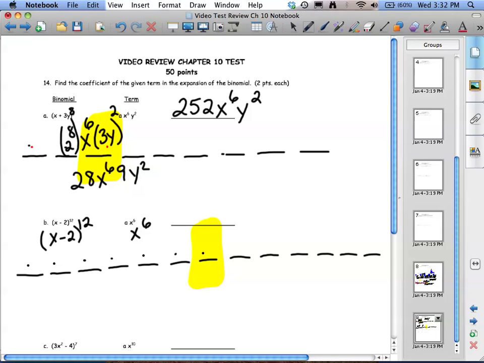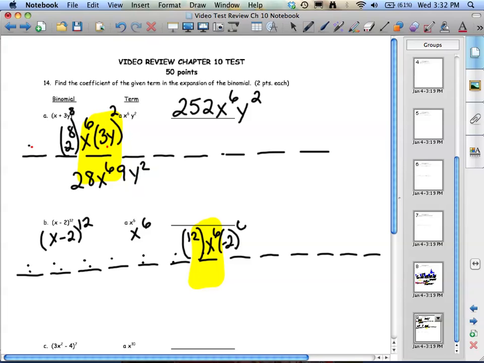So I know I'm going to have 12 choose some number, x raised to the 6th, negative 2 raised to some number. Let's figure out the negative 2. We know that it starts at 0 and goes 1, 2, 3, 4, 5.